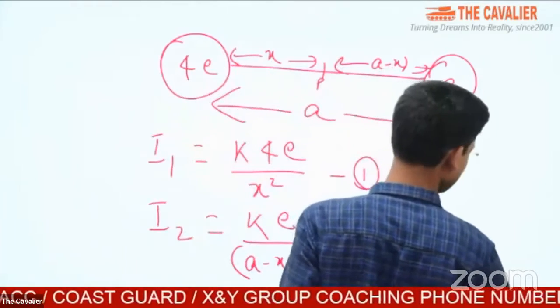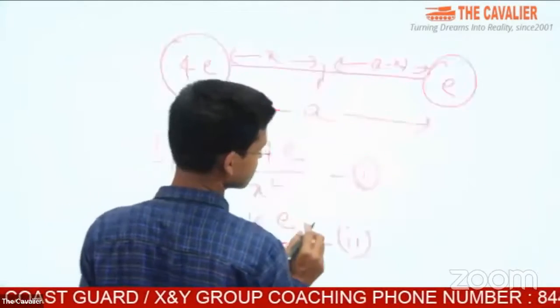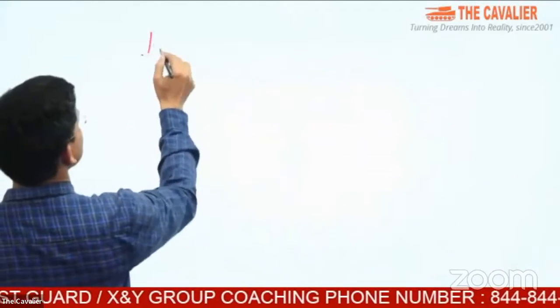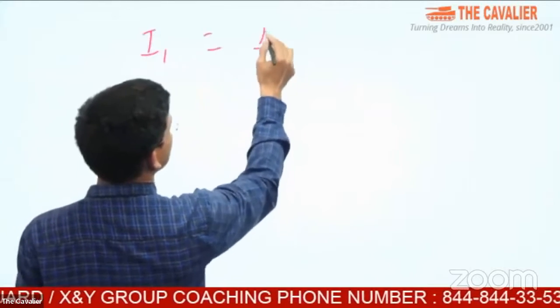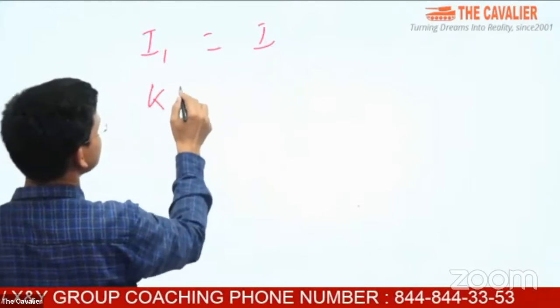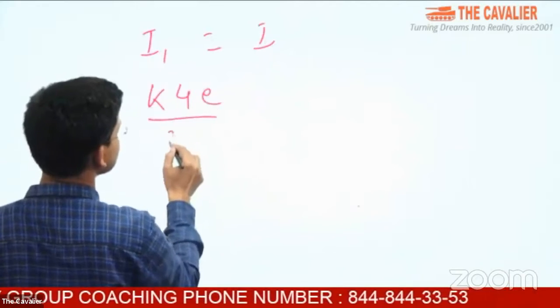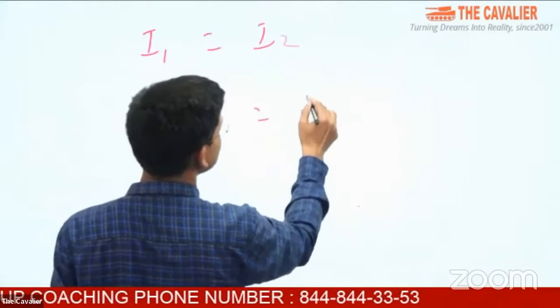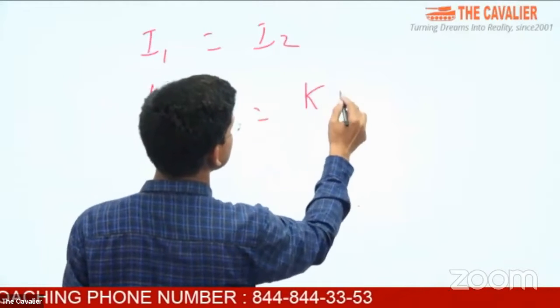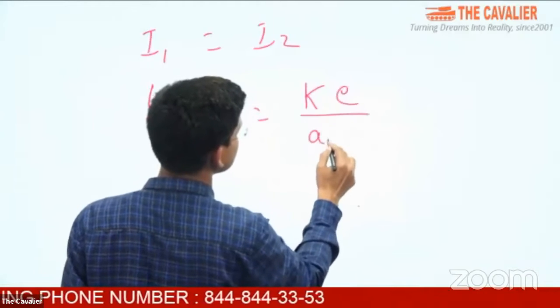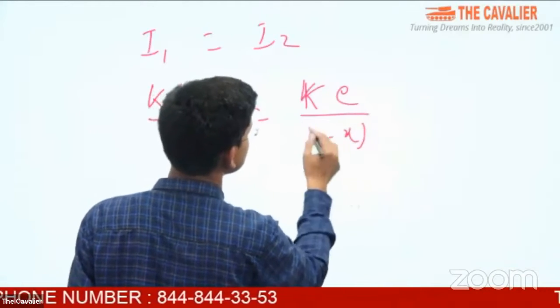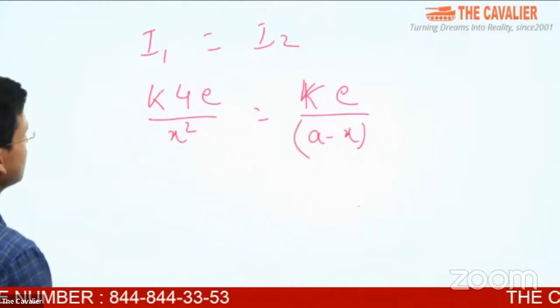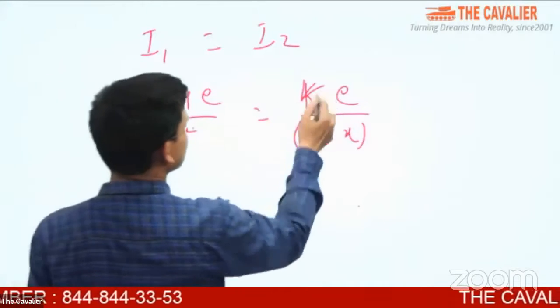And furthermore, I1 equals I2, that is K times 4E upon x square equals K times E upon A minus x square. K and E will be cancelled out.